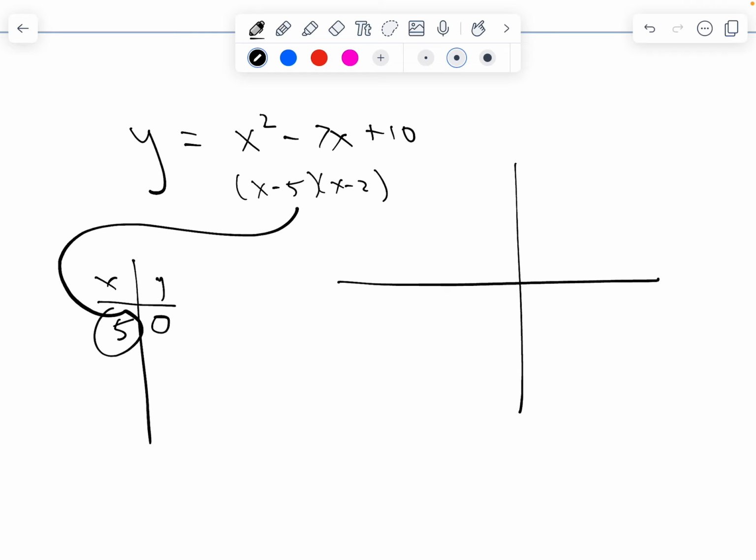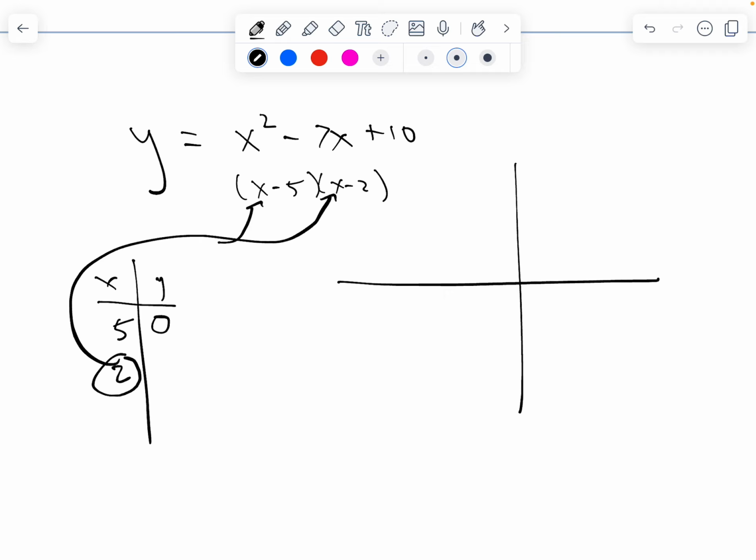Because if the 5 goes in right here, 5 minus 5 is 0, and the whole thing goes to 0. So when x is 5, the thing goes to 0, and when x is 2, same thing. When a 2 goes in those places, especially here, 2 minus 2 is 0, and 0 times whatever is here, the whole thing turns into 0.